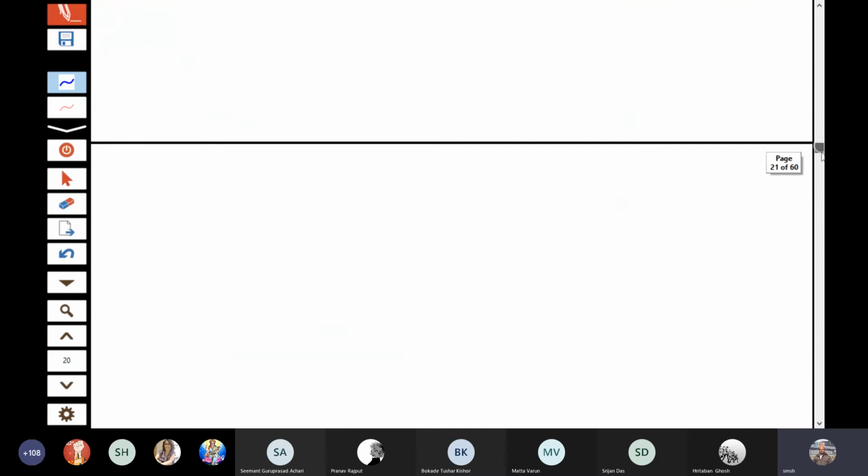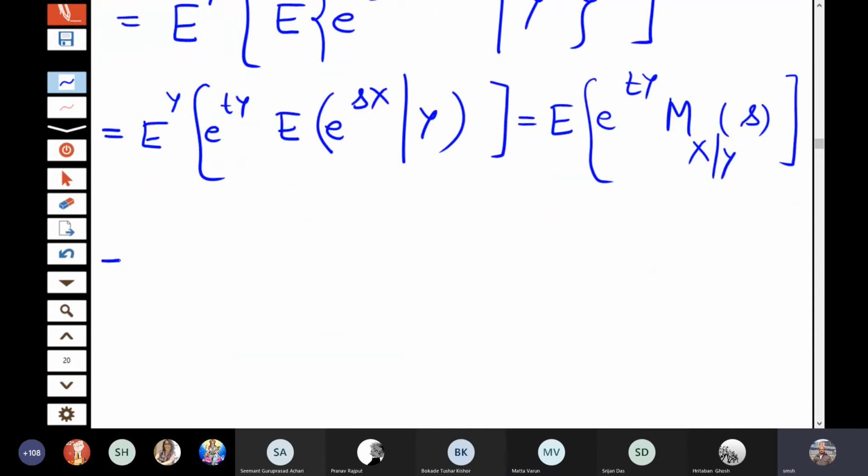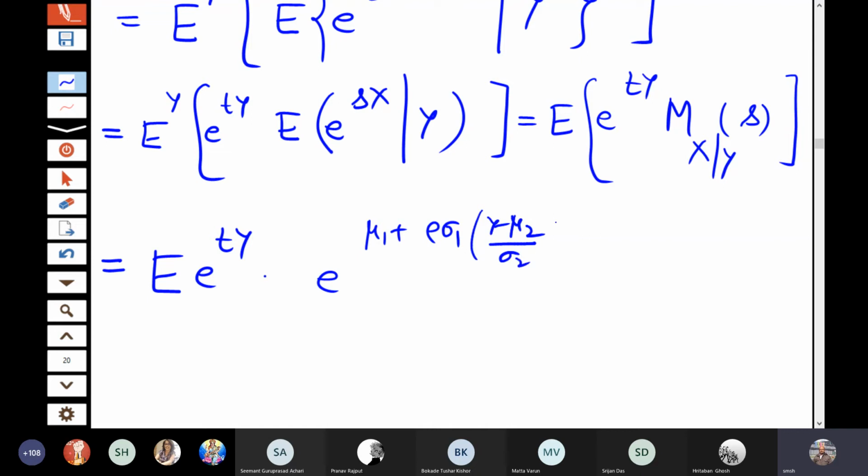So this will give me e to the power mu 1 plus rho sigma 1 times y minus mu 2 by sigma 2, times s, plus half sigma 1 square 1 minus rho square s square.